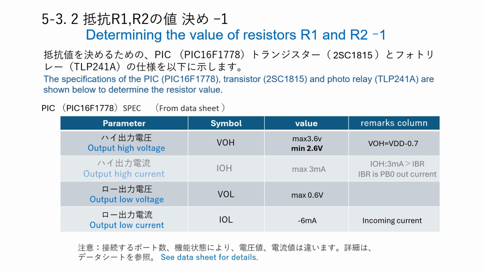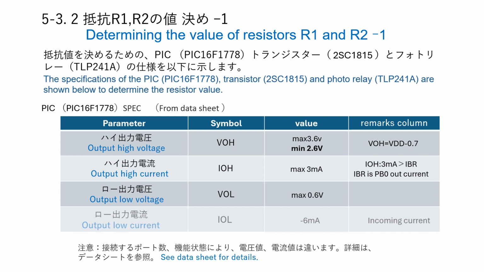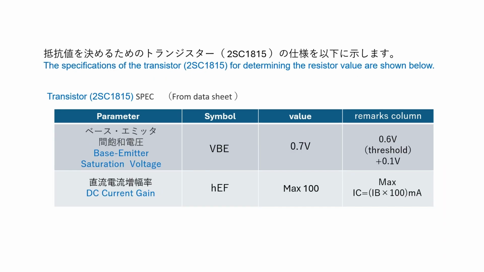Output high current IOH 3 mA. Output low voltage VOL, maximum 0.6 volt. Output low current IOL, minus 6 mA. Next, I will explain the datasheet of the switching transistor.